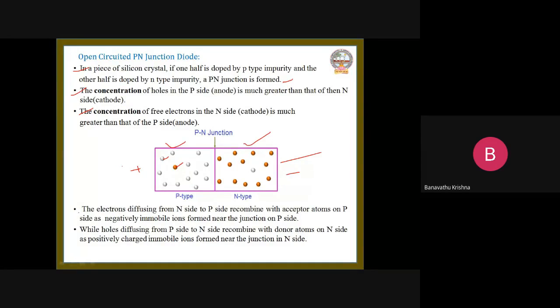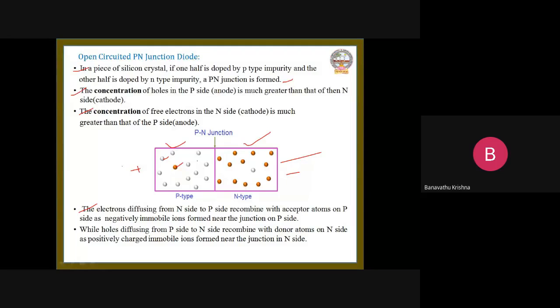Next, the electrons diffuse from the N side to the P side. As I told in the previous class also, the electrons diffuse because of the concentration gradient. The majority charge particles here are electrons, and in the P side the majority charge particles are holes. They diffuse towards the lower concentration.